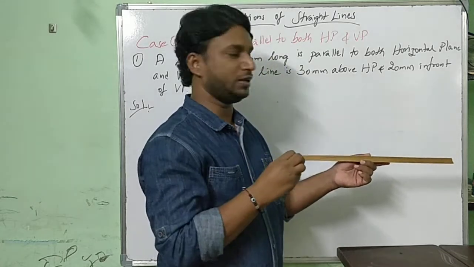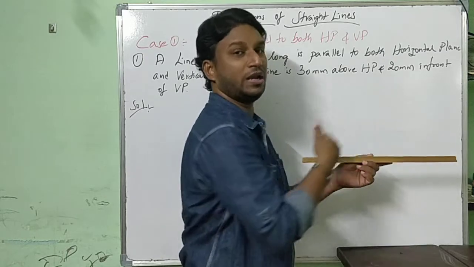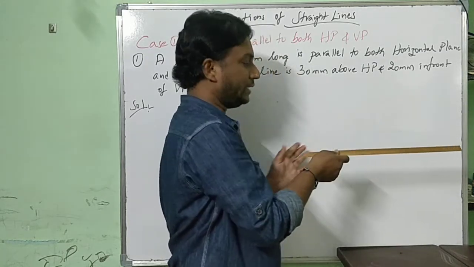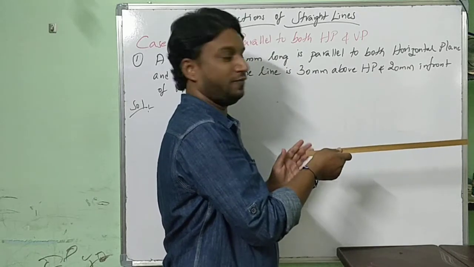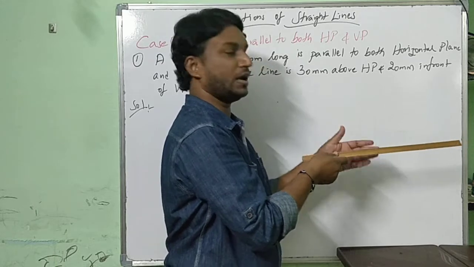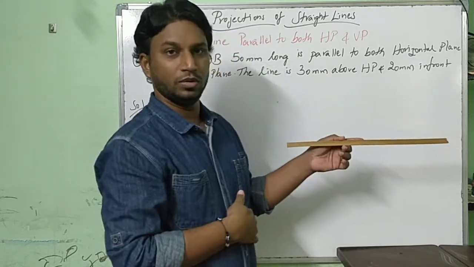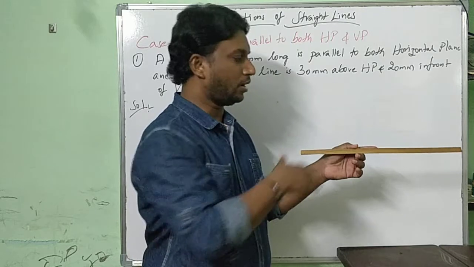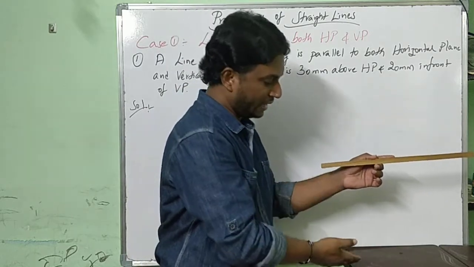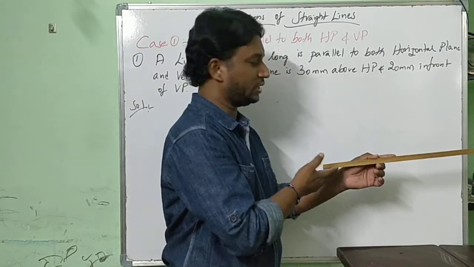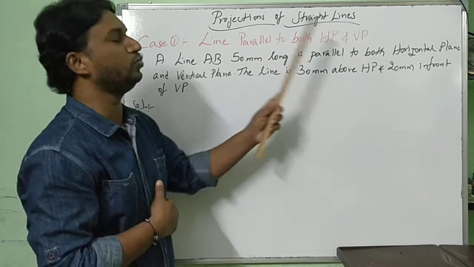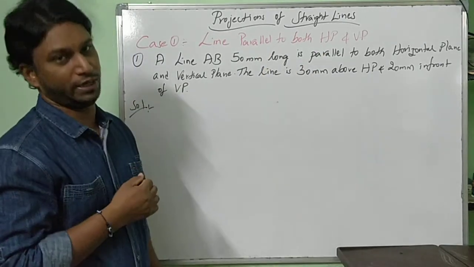Now you can tell that as the 2 points of the straight line, end A and end B, are at the same distance d from the vertical plane, then this line is parallel to the vertical plane. Now I can give a statement of the position of this line: the line is parallel to both the horizontal plane and the vertical plane, which is our case.